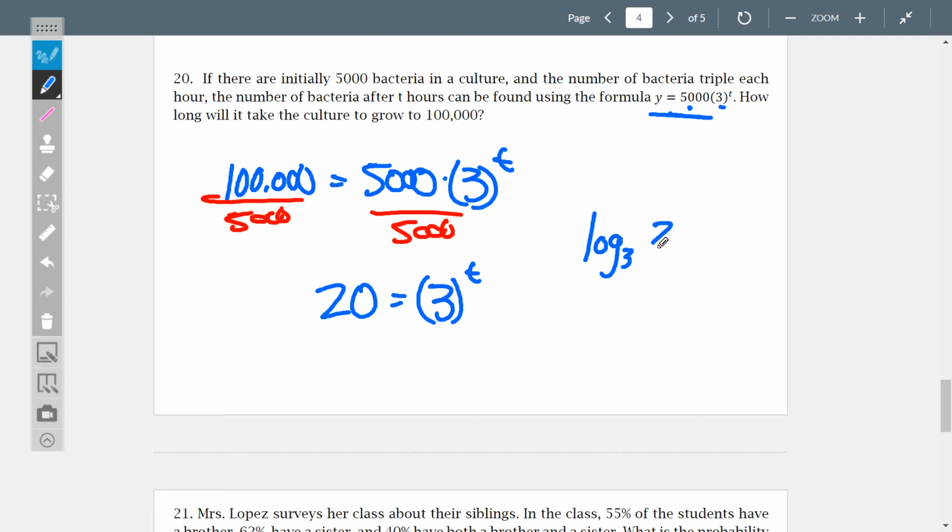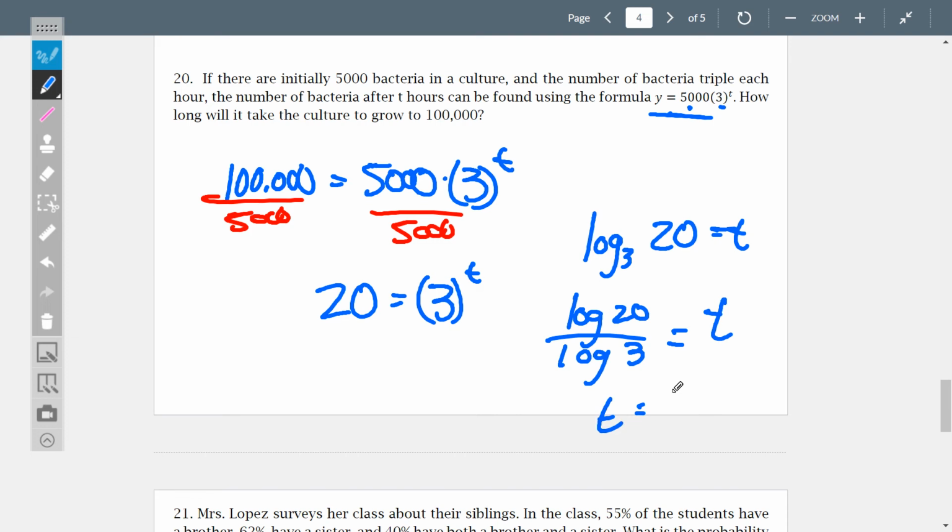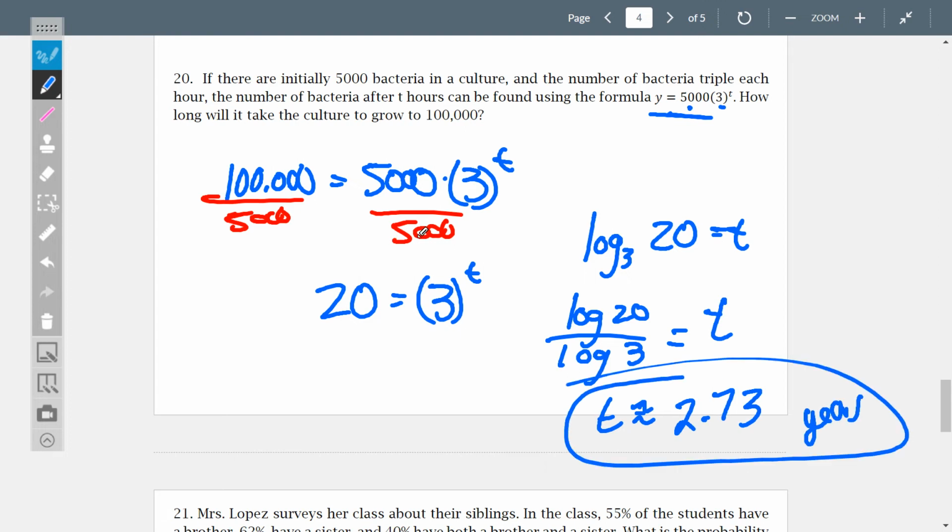So log base 3 of 20 equals t. Using the change of base formula to evaluate this, common log of 20 over common log of 3, we will have the time period. So about 2.73 years is how long it's going to take.